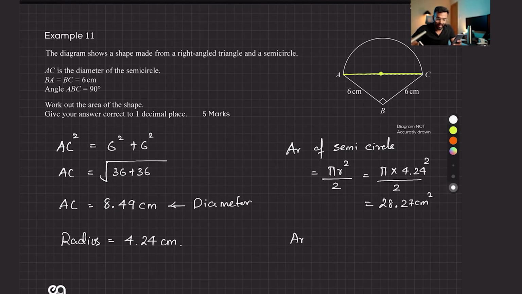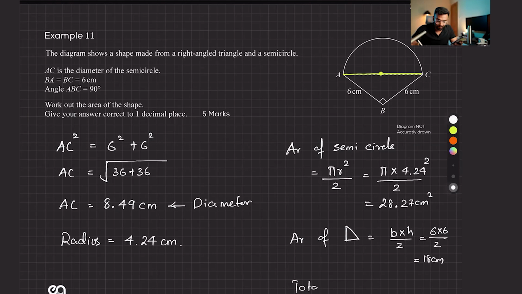And here we have area of a right triangle, which is base times height divided by 2, which is quite simple. What is that? The base times height, 6 times 6 divided by 2, which is 18 centimeters square.